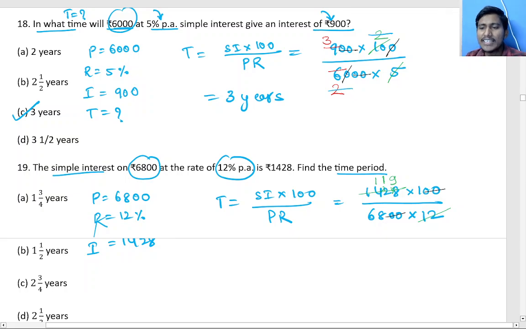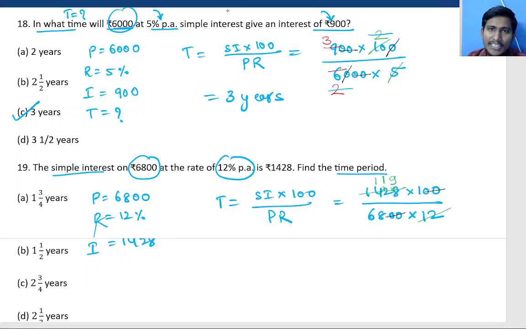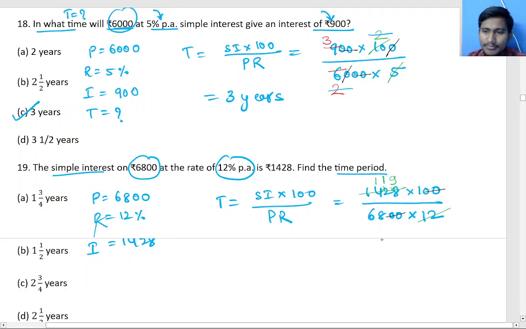So 119 and here 68 is there, right? So here 119 by 68. Here 68, so 17 how many is? You divide it. 17 fours are 68.